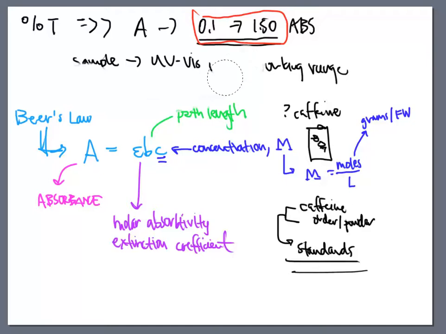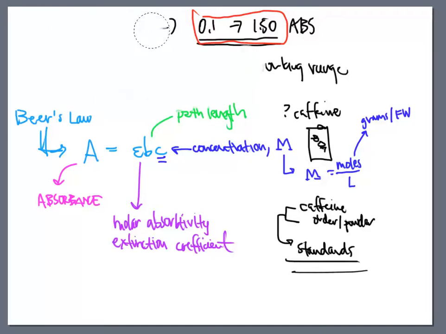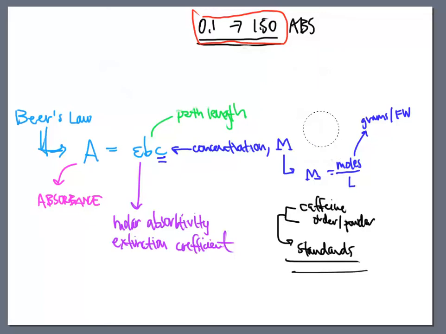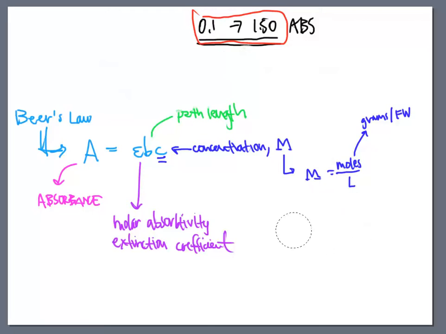And we said the reason that we're doing this is because when we analyze samples or standards on the UV-Vis instrument, we have to make sure that we are making samples and standards that are in the working range of 0.1 to 1.5. Anything outside of that limit, we just don't really trust.